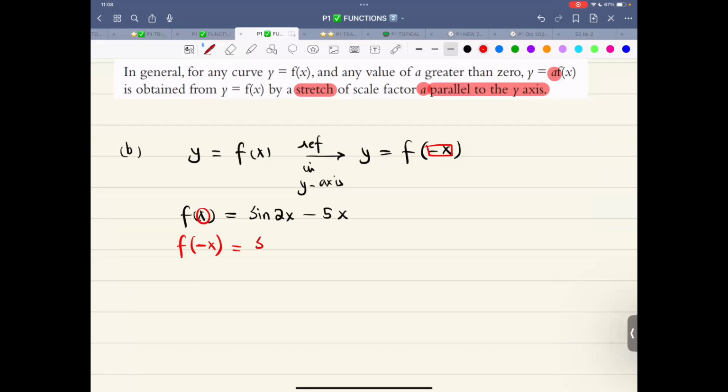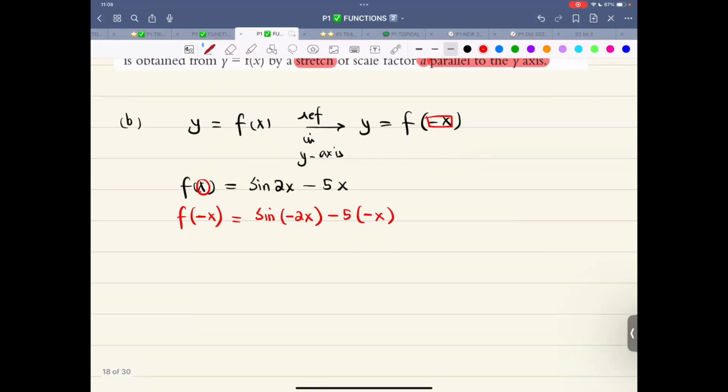So therefore, f of negative x is sine of negative 2x minus 5 times negative x, negative x, not 2x, it's x over here. Therefore, this will become what? Sine of negative x is the same thing as negative sine x. So negative sine 2x, this minus becomes a plus, that is 5x.